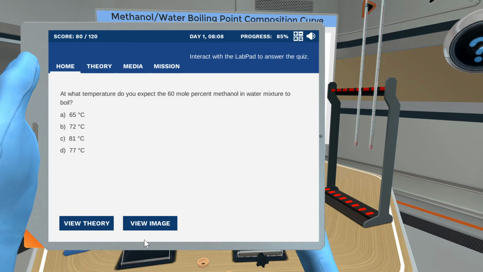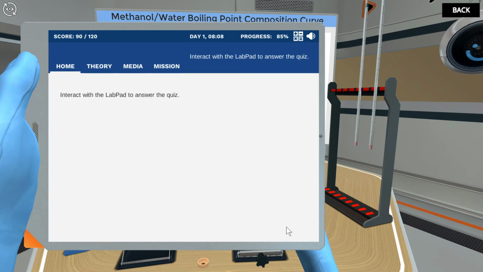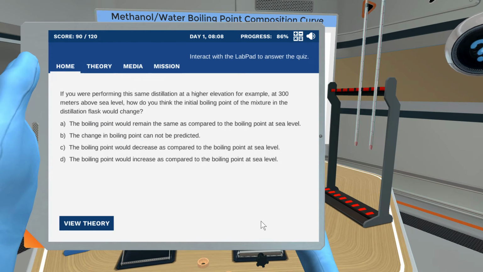At what temperature do you expect the 60 mole % methanol in water mixture to boil? That's right. If you were performing this same distillation at a higher elevation, for example, at 300 meters above sea level, how do you think the initial boiling point of the mixture in the distillation flask would change?